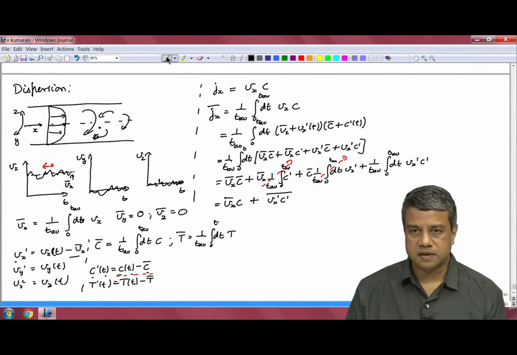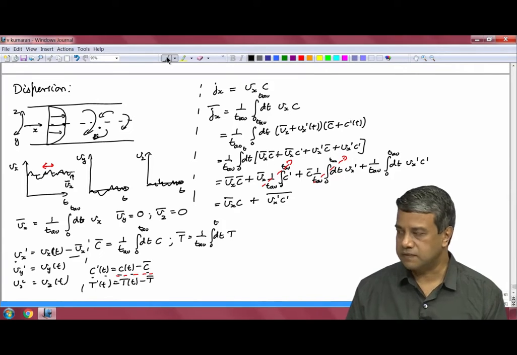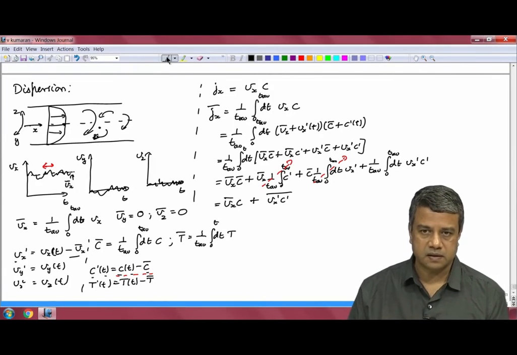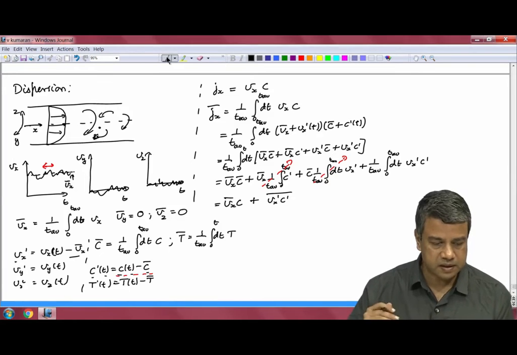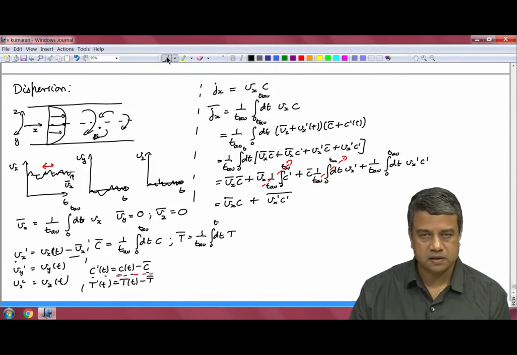The reason is because the velocity and the concentration fluctuations could be correlated in general. The product of the velocity and concentration fluctuations does not have to be 0 in general. These could be correlated.